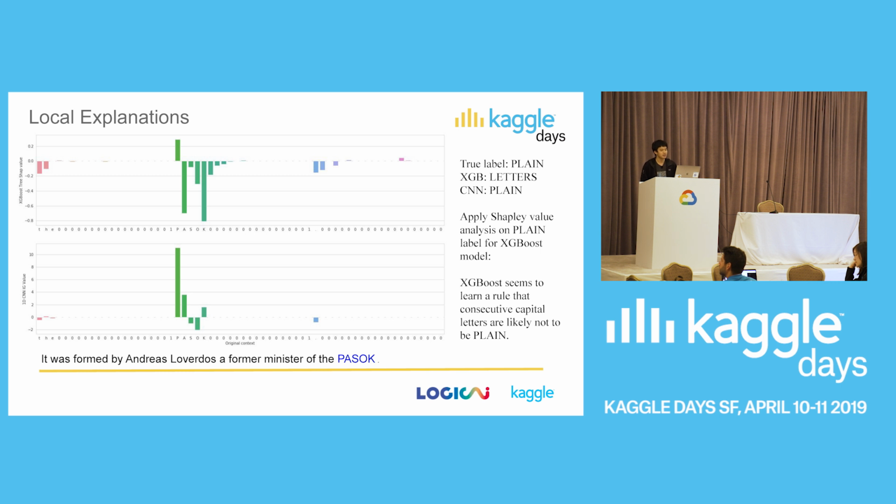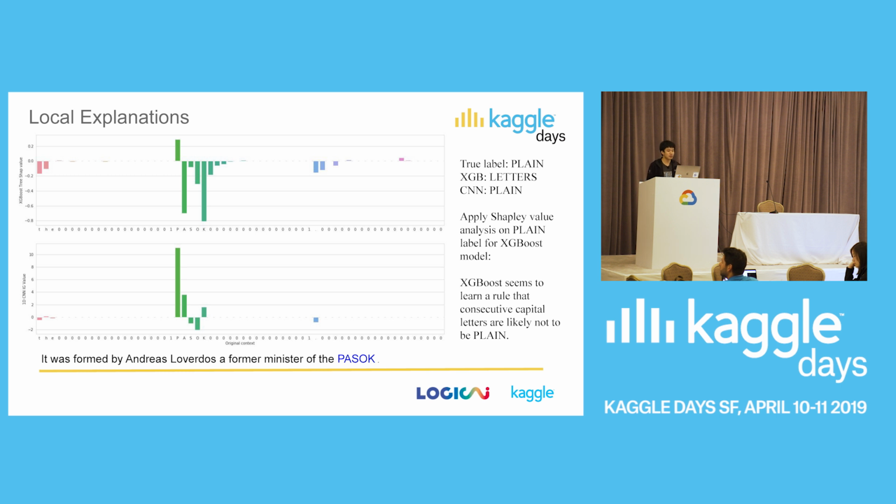While for this convolutional neural network, it just captures the whole window. And interestingly, there's actually a reverse example. It should be a letter, and the SGB boost was able to capture it, while the CNN would predict it wrong.